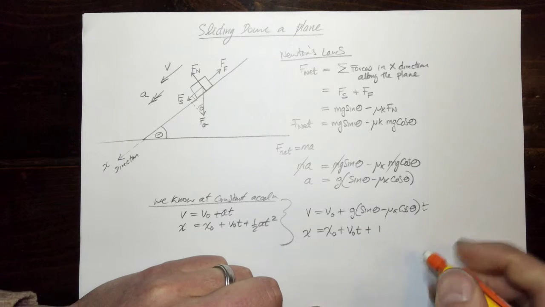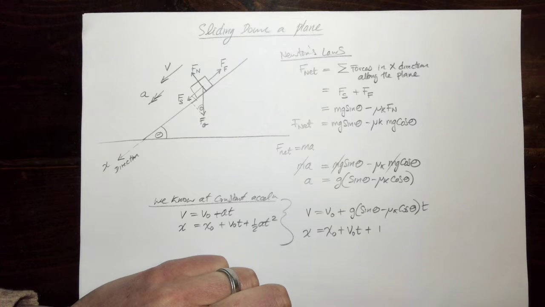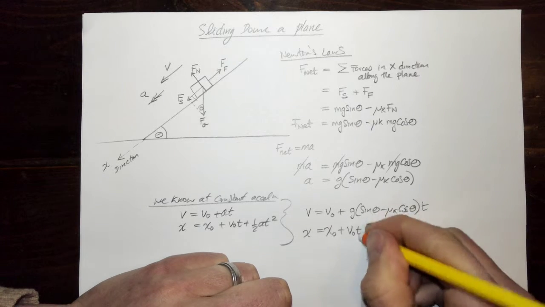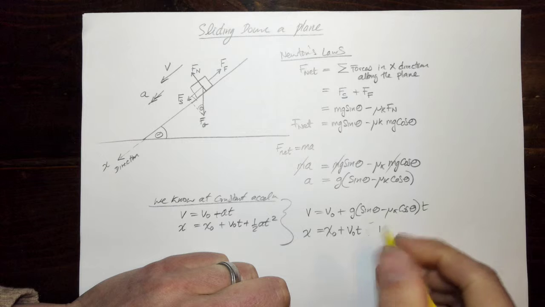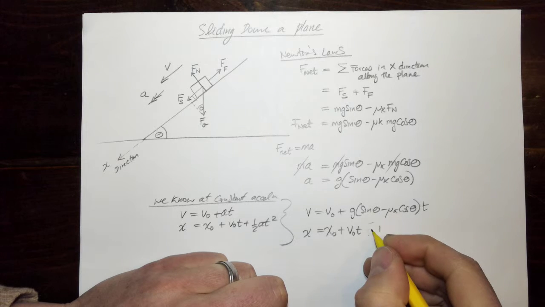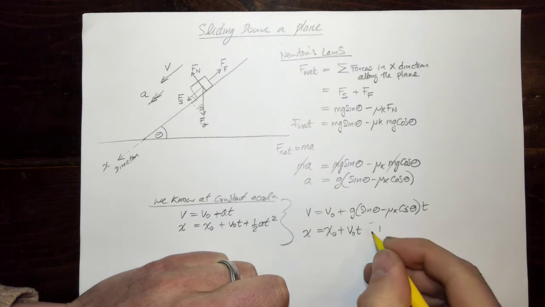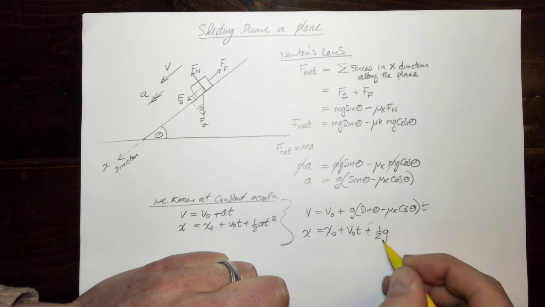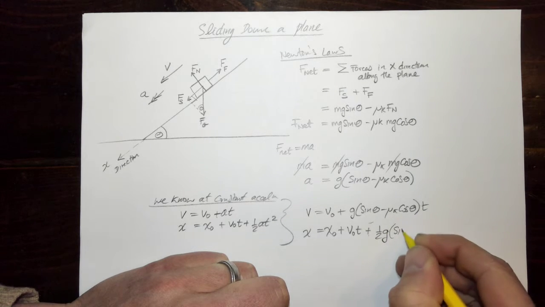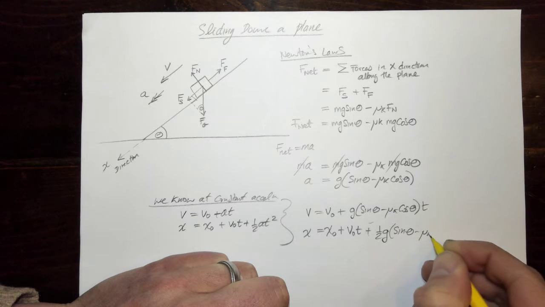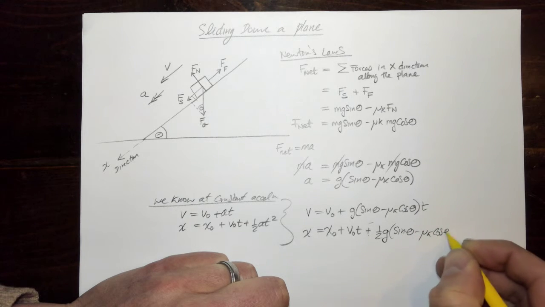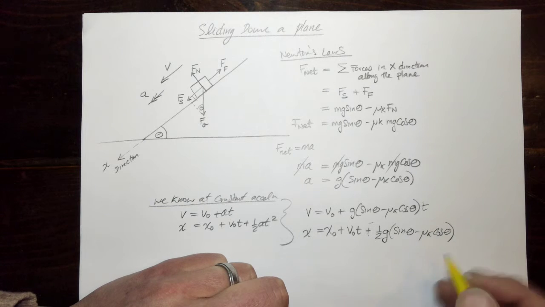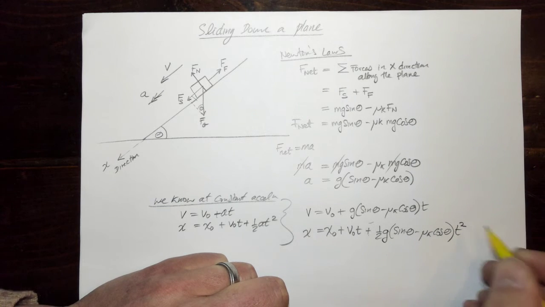Let's be careful here. One half g sine theta minus mu k cos theta, times t squared.